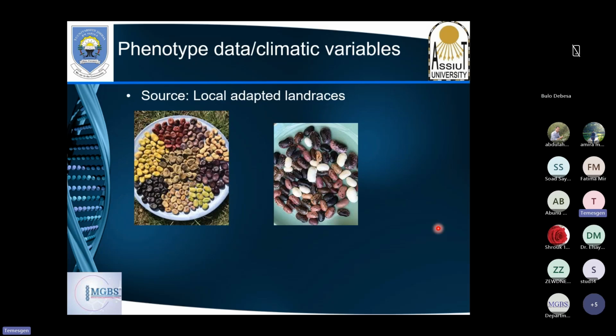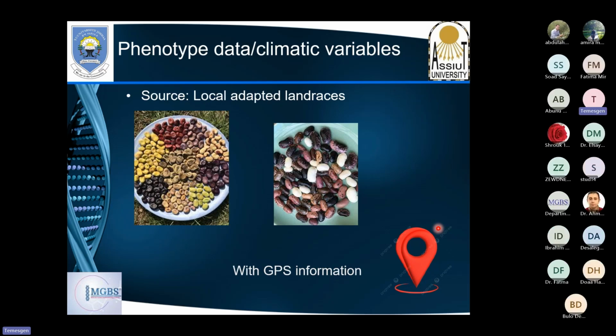As I said, how can we get phenotype data, particularly for climatic variables? The source should be locally adapted landraces. We have to collect landraces from a given location, but these landraces should have GPS or geographical location information, which is very important.